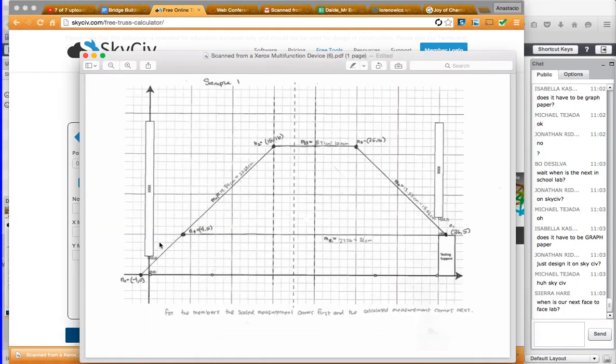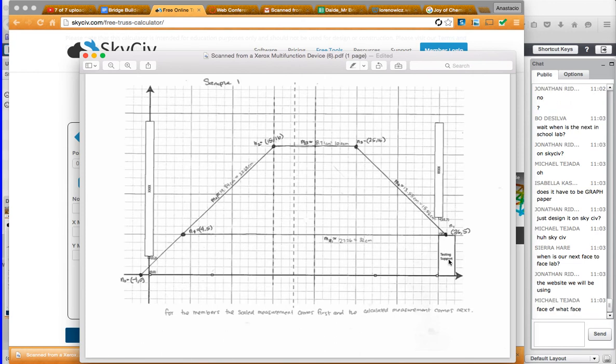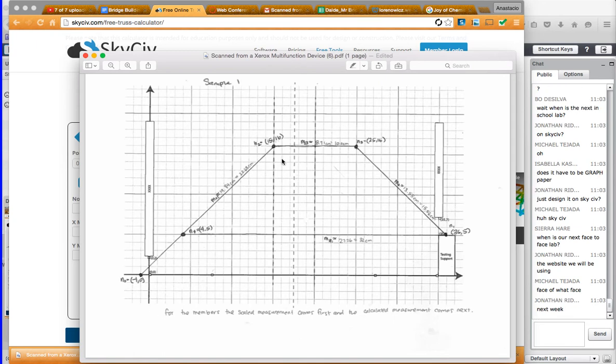The only reason I printed up something special for you is because I wanted to put this box right here and the words testing support over here. But it could be on graph paper. If you have graph paper, just use that.